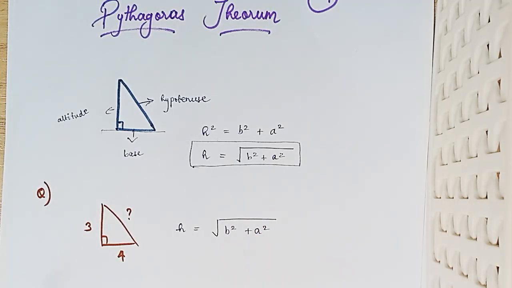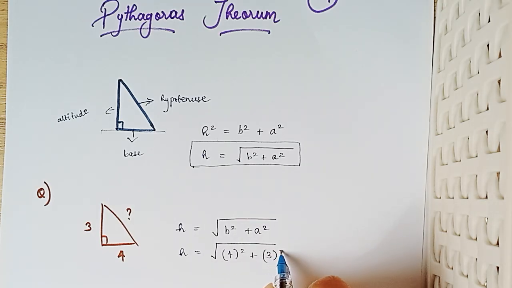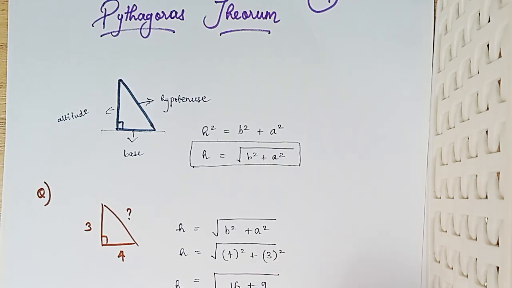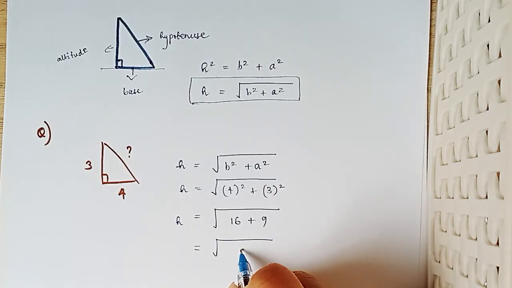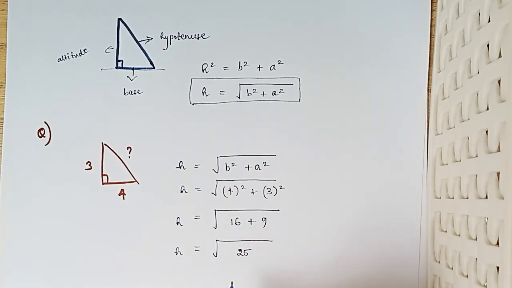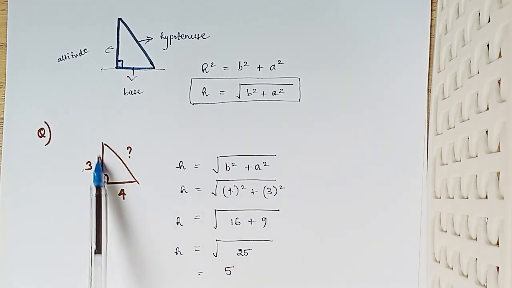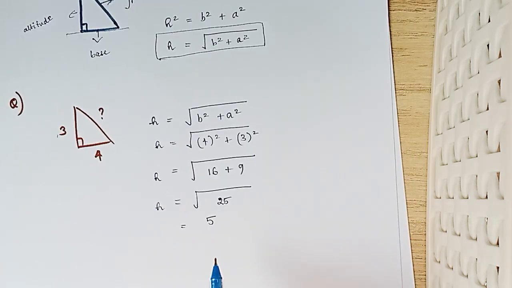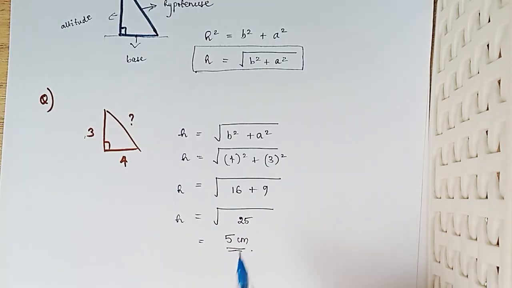Base is 4, so 4 square, plus altitude is 3, so 3 square, which is root of 16 plus 9, which is root of 25. So hypotenuse is equal to 5. Since the values of the altitude and the base are in centimeters, we write 5 centimeters as the hypotenuse.